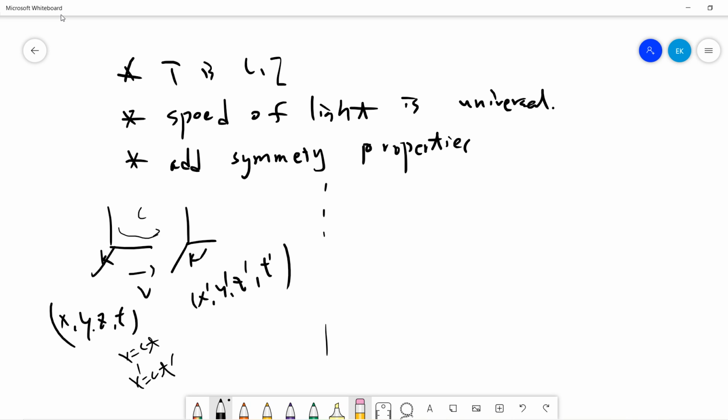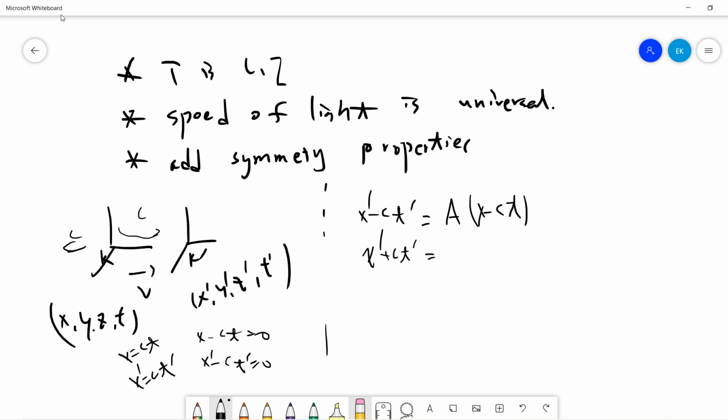So x minus ct is 0, and x prime minus ct prime is 0. There will be a factor, so let's call it x prime minus ct prime equals a times (x minus ct). If you emit another light going in the negative direction, you have a similar relation with b. So if you find a and b, everything will be done.